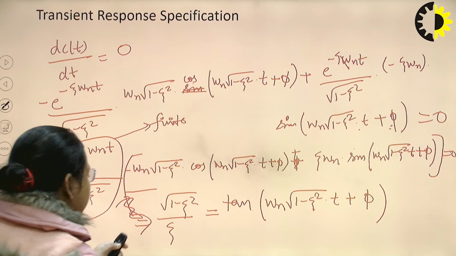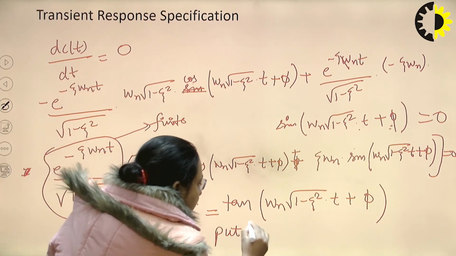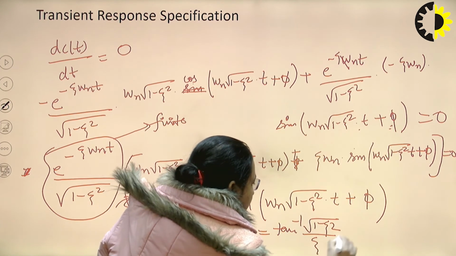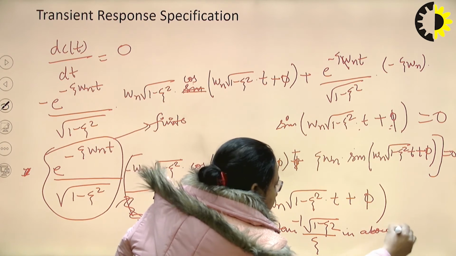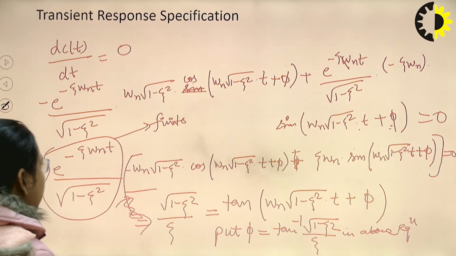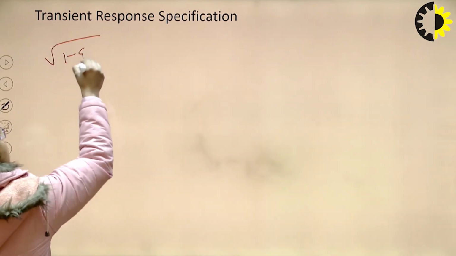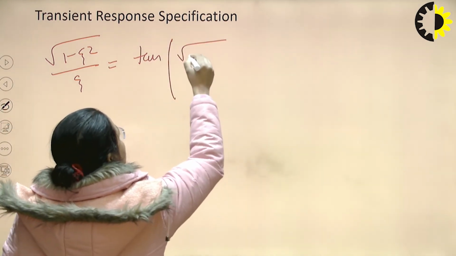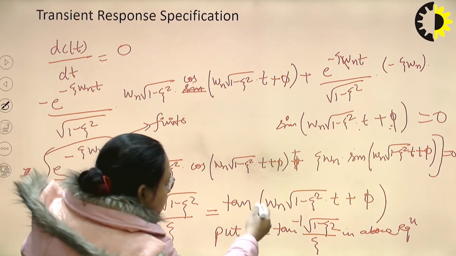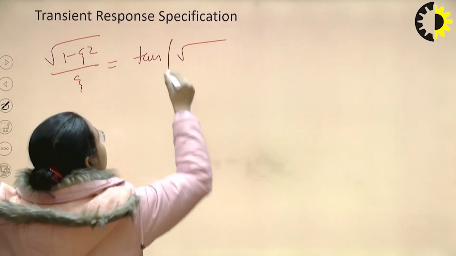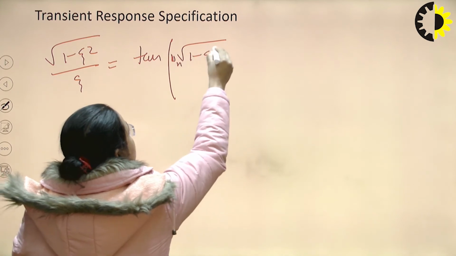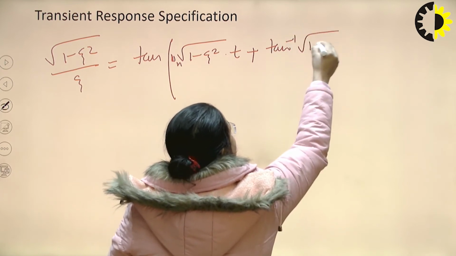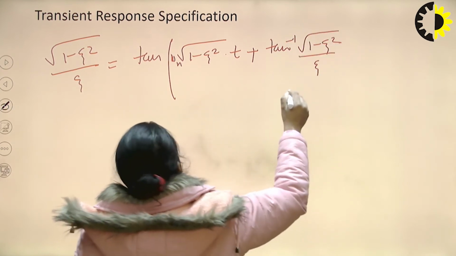So I get under root 1 minus zeta square upon zeta equals tan of omega n under root 1 minus zeta square into t plus tan inverse of under root 1 minus zeta square upon zeta.